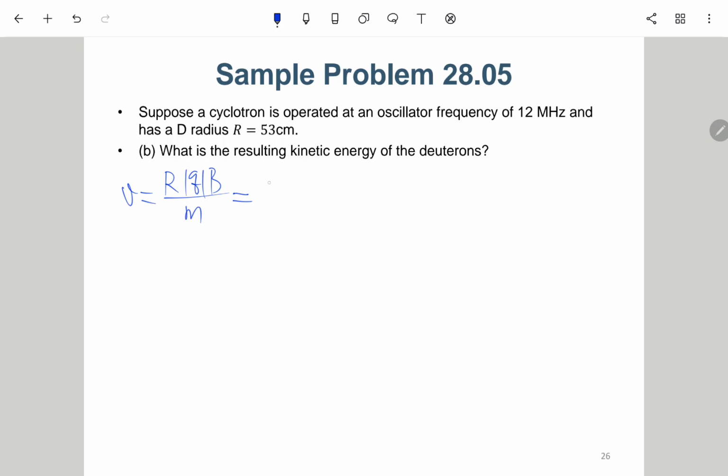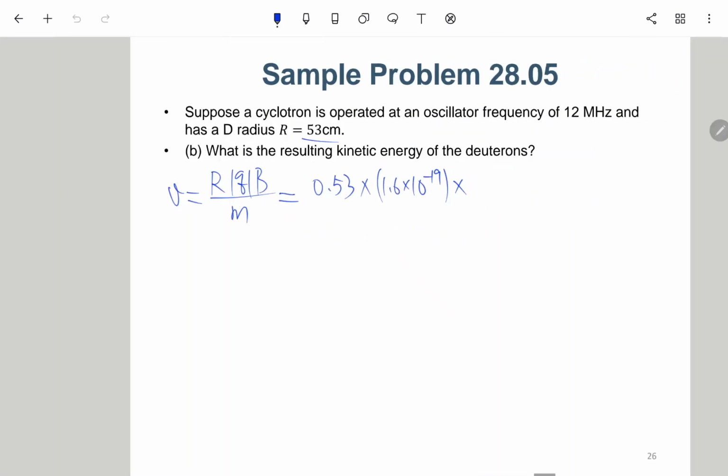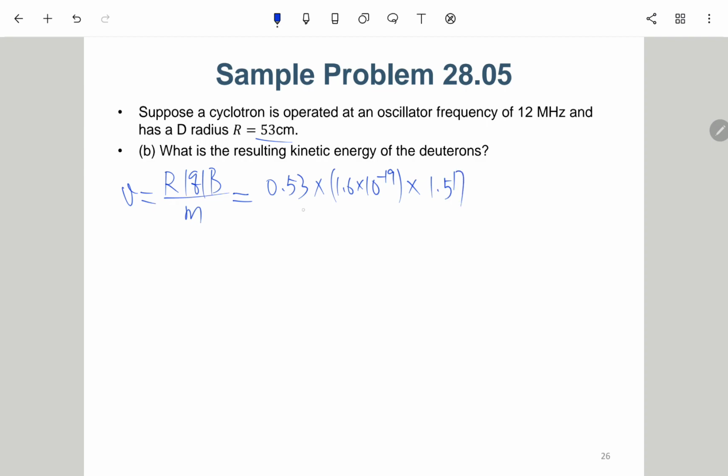So it is 0.53, the radius, times q, which is 1.6 times 10 to minus 19, times B, which is what we calculated just now, 1.57, over 3.34 times 10 to negative 27. So the velocity is 3.99 times 10 to the 7 meters per second. Okay, so it's more than 1/10 of the speed of light.